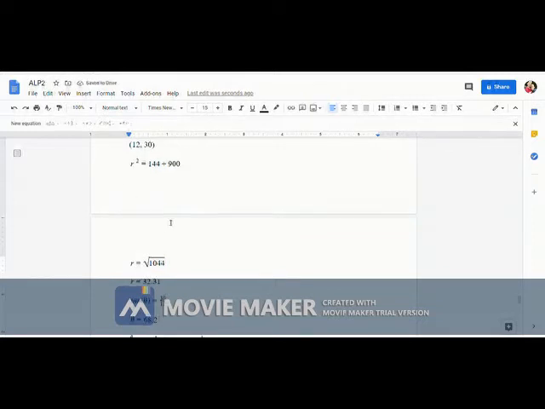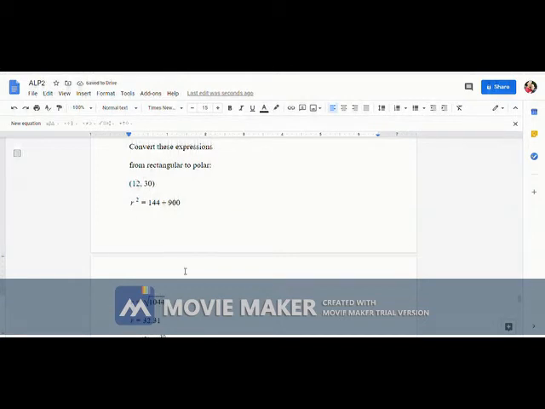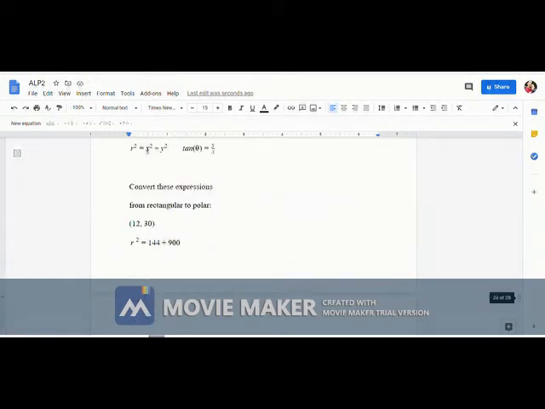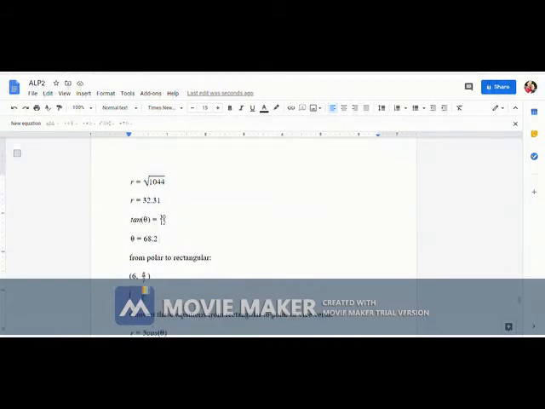Alright, so converting from rectangular to polar, we'll use these two identities. It's fairly simple. Alright, and now we're going to convert from polar to rectangular.